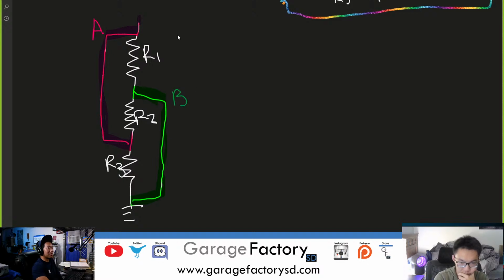So let's take a look at one resistor. A is connected to R1 and R3. B is connected to R2 and R3.